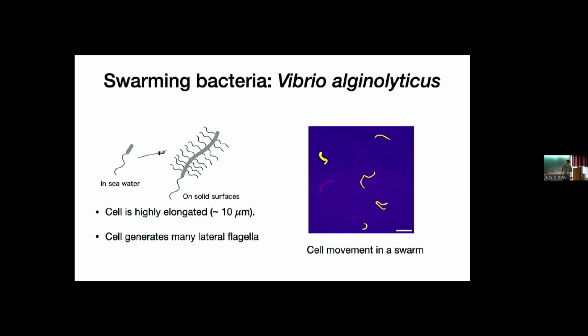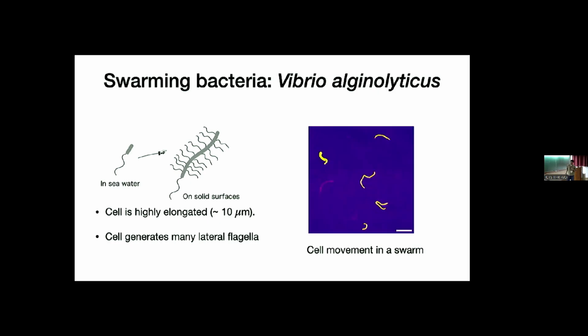Usually it is in the seawater, but it comes to the surface of solids like seaweed or plankton. So it has a morphological change. The cell is highly elongated, and it generates a large amount of lateral flagella. This is the driving force on the solid surface.